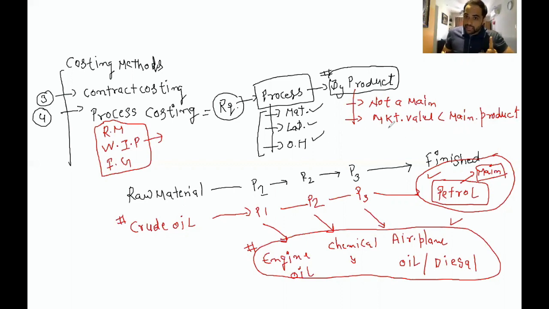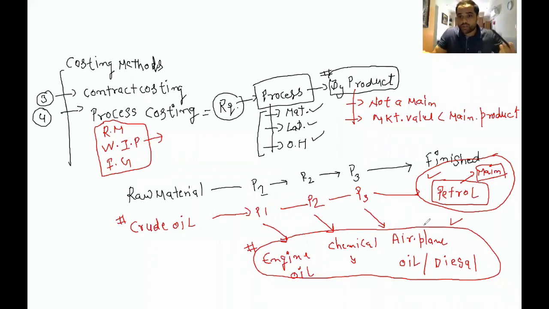So mainly the market value of a byproduct is lower than the main product. Its value cannot be higher. If its value is higher than the main product, then you focus on the byproduct, and you're not going to focus on the main product. So the byproduct becomes the main product, right, if it has a high value.